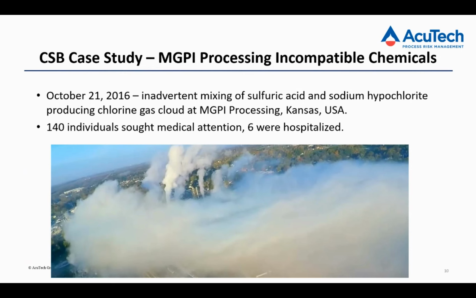This event was due to an inadvertent mixing of sulfuric acid and, again, sodium hypochlorite, or bleach, that produced chlorine gas. The event led to shelter-in-place orders. There were evacuations from schools. 140 people sought medical attention. 6 people were hospitalized, and fortunately, all were released within about 5 days of the event.